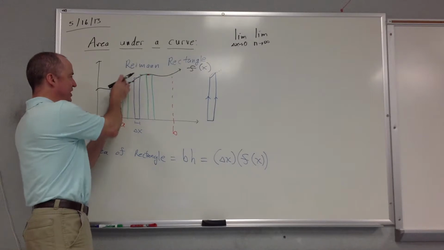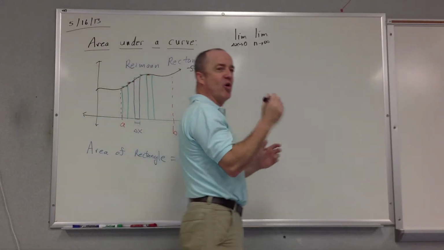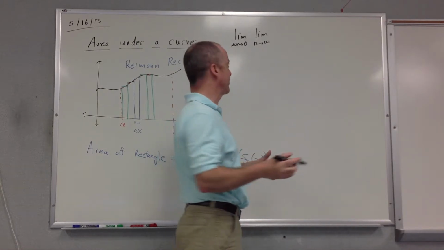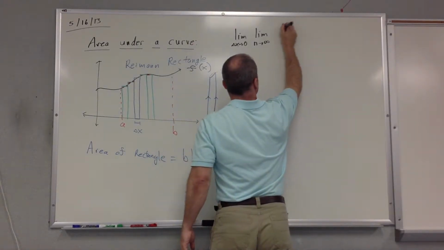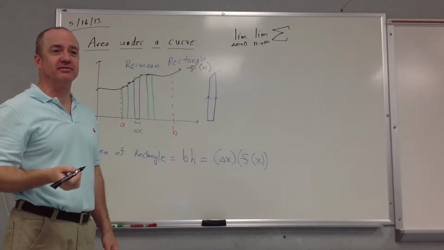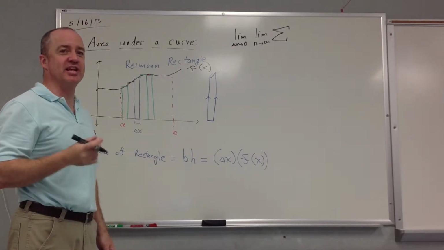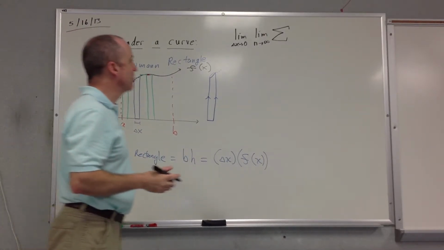Well, I want to do what with them? I've got the area of this one, the area of this one, the area of this one. Add them up. Overall area. If only we had a symbol that we learned in the last few days, sigma, for adding up a whole bunch of things. Very good, Danny. I think the video where I introduced that sigma is the one that's taking forever to upload.